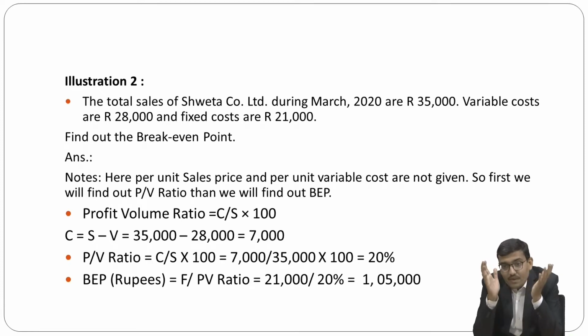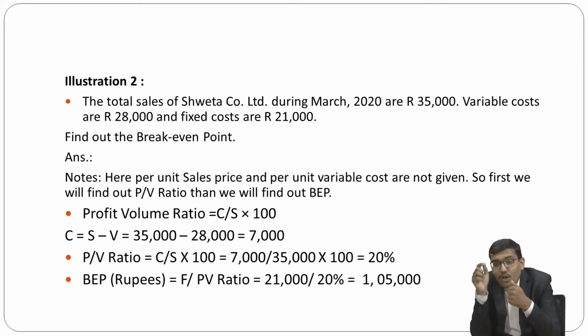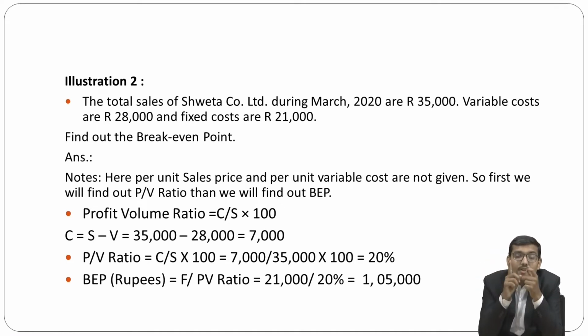Can you give me a brief idea about it? So yes, you have that answer. How? The easy format: sales minus variable cost is equal to contribution, less fixed cost is equal to profit or loss.